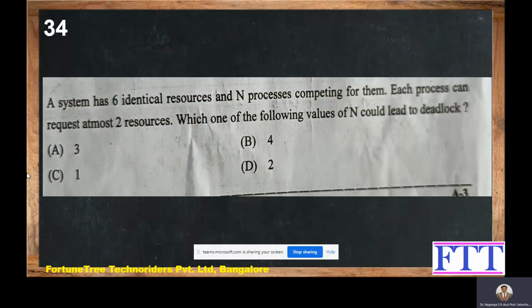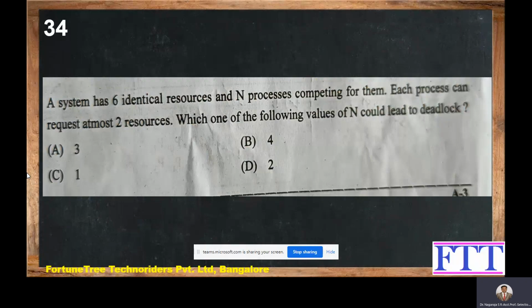Each process can request at most 2 resources. Which one of the following values of n could lead to deadlock? Here we have 6 identical resources, and we have n processes competing for them.